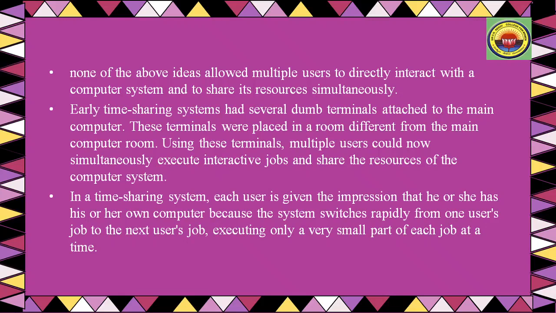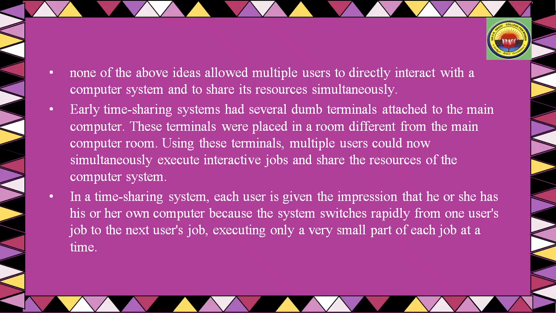Time sharing systems have several dumb terminals attached to the main computer. Meaning in a time sharing system, every user has a terminal, nothing but a monitor, and they are all attached to the main computer. These terminals were placed in a room different from the main computer room. They are separated.